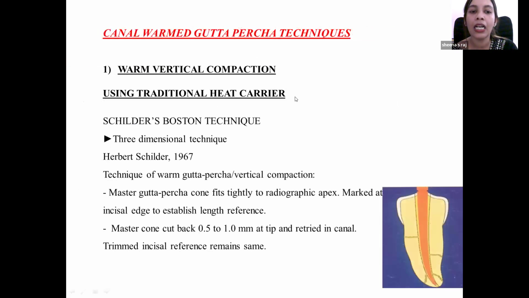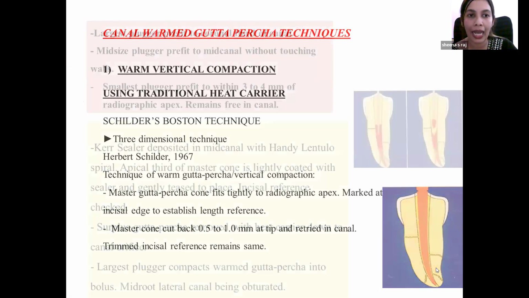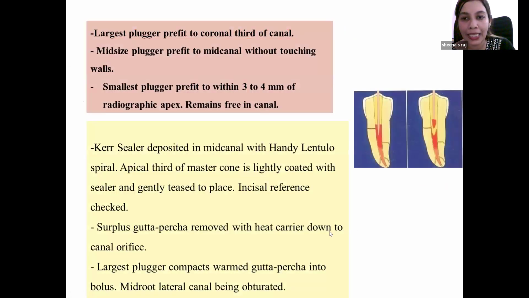In the traditional method, it is the Schilder method where we place the master cone that fits the radiographic apex, as you can see here, and we cut the master cone 0.5 to 1 mm at the tip. With the help of a plunger we pre-fit within 3 to 4 mm of the radiographic apex. Three types of plunger will be there.